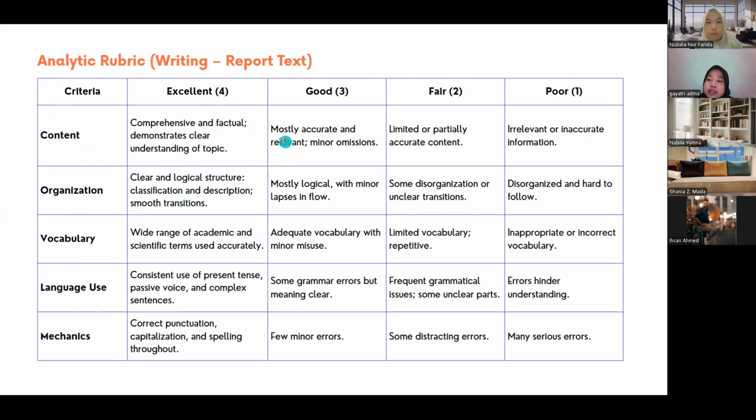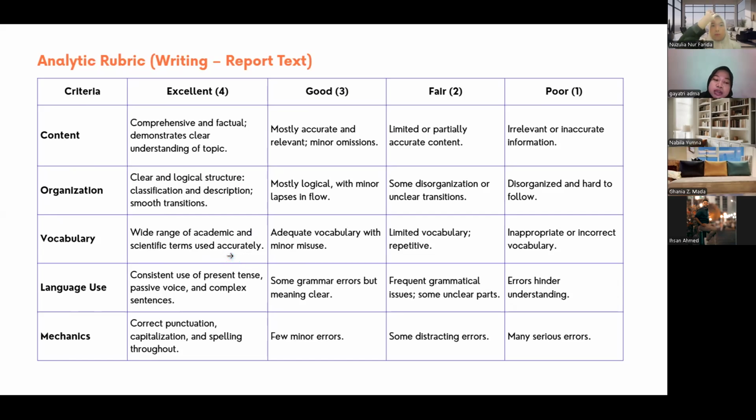If the students show excellent work, they can give comprehensive and factual information. They can demonstrate a clear understanding of the topic, and they write with a clear and logical structure. They can give classification and also description with smooth transitions, and they use a wide range of academic and scientific terms or vocabulary in the writing.